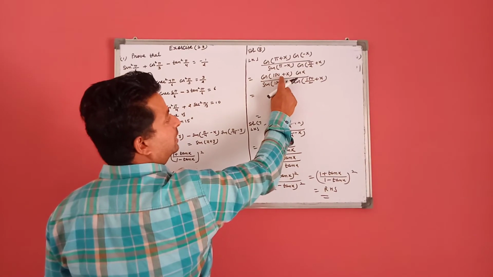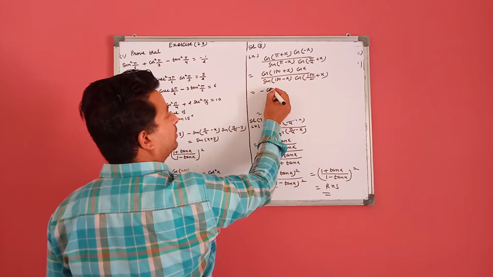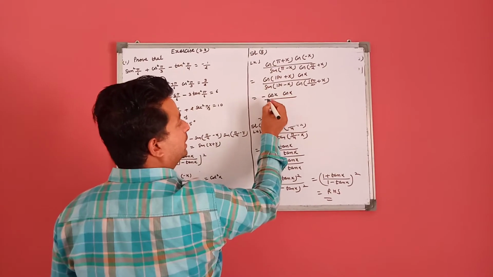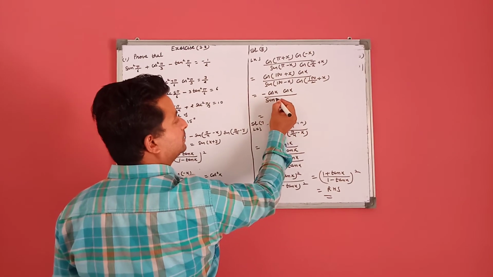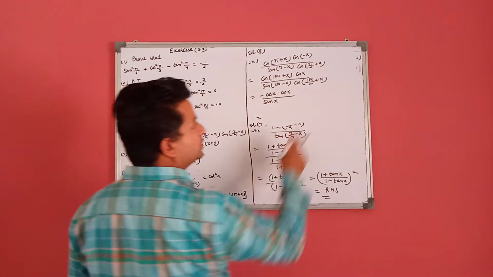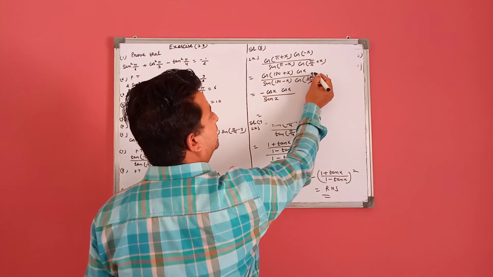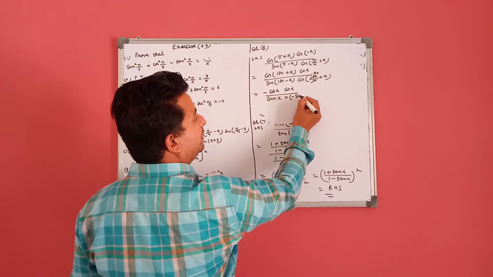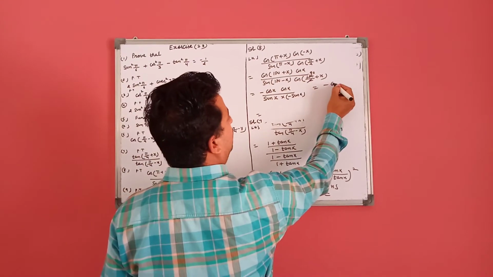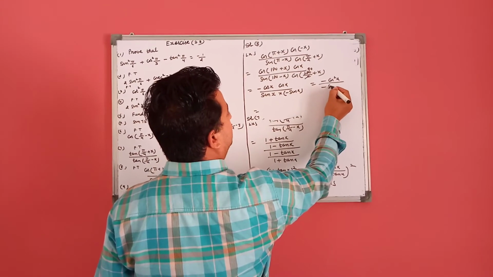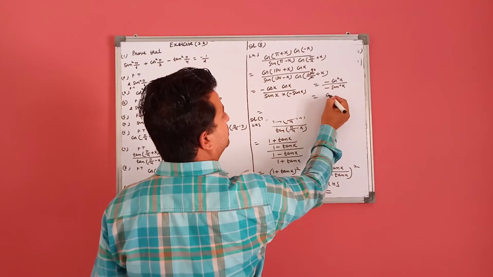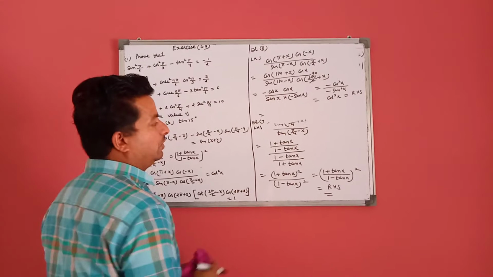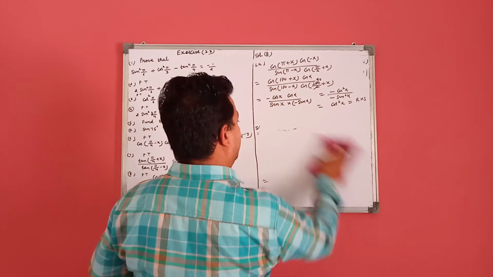This lies in third quadrant. In third quadrant, cos is negative, but there is no change of t ratio. This lies in second quadrant, sin is positive, no change of t ratio. This becomes 90 plus x. Second quadrant, in second quadrant cos is negative and there is also a change of t ratio. This becomes sin square x, this becomes cot square x. This is the right hand side of this question.